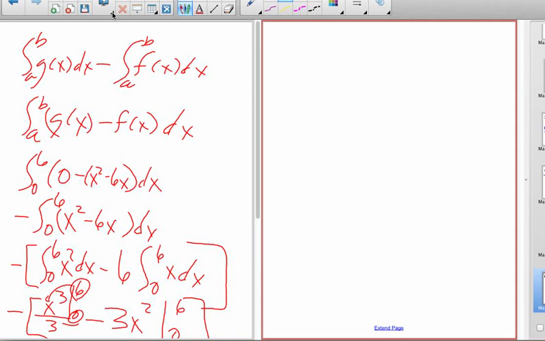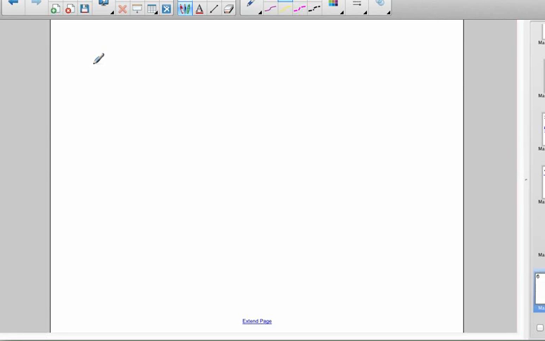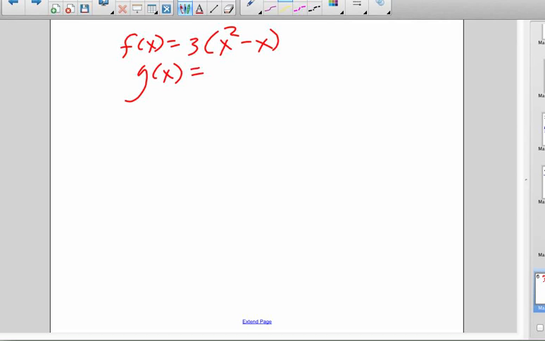This one's a little bit harder. So on this one, you've got f of x equals 3 times x squared minus x, and g of x equals 0. So to find our points of intersection, we set them equal to each other.